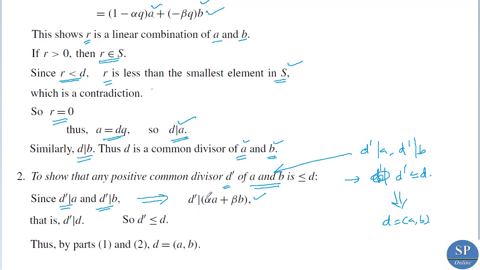So D dash divides alpha A plus beta B. That means D dash divides D, because we have D equal to alpha A plus beta B. So D dash is less than or equal to D.